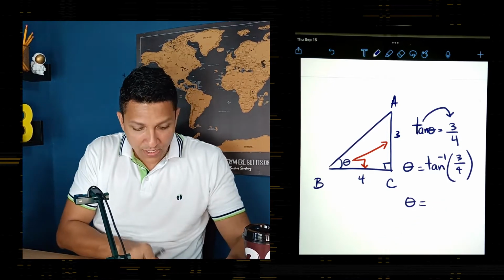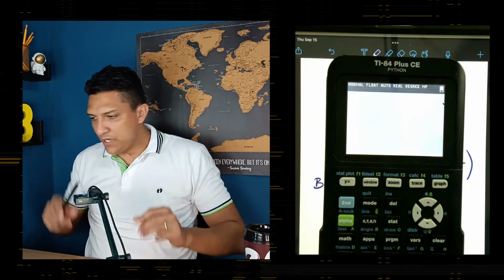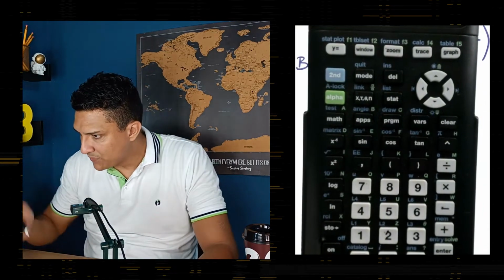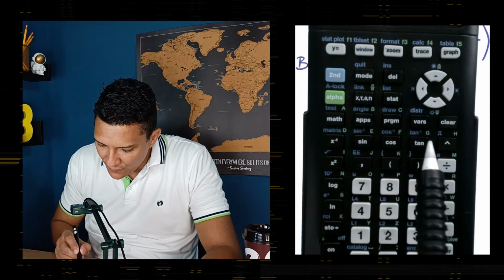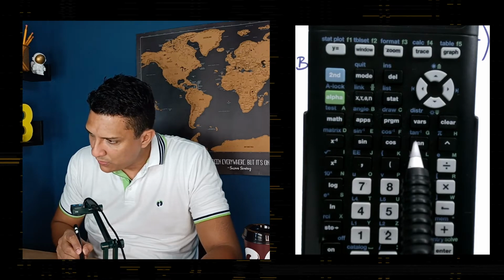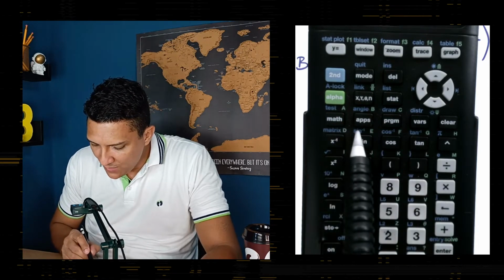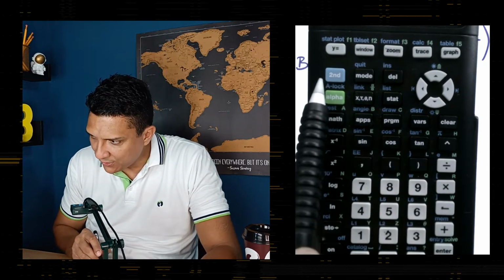Now, to use a calculator, you need to look for the following keys. Remember that here we have the keys of the trigonometric ratios, and in light blue you have the inverses of them. Every time we need to select the blue keys, we need to press second first.